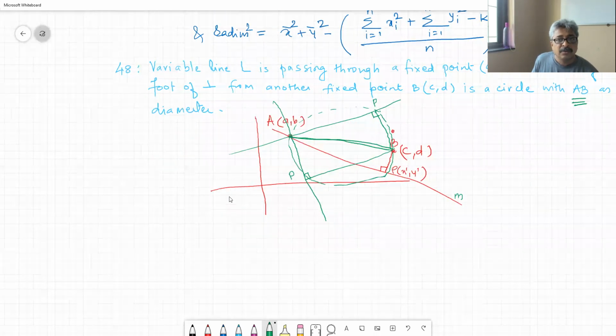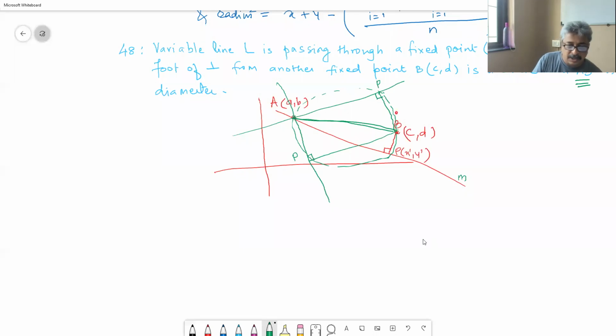Now only one thing remains. Let me give you one circle, x square plus y square minus 8x plus 10y.